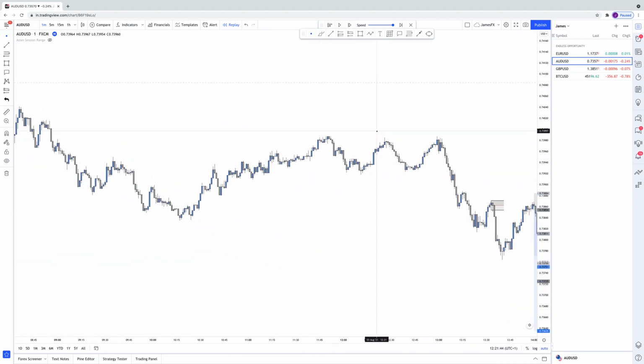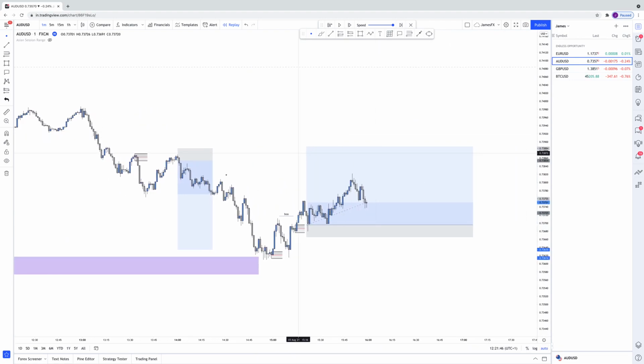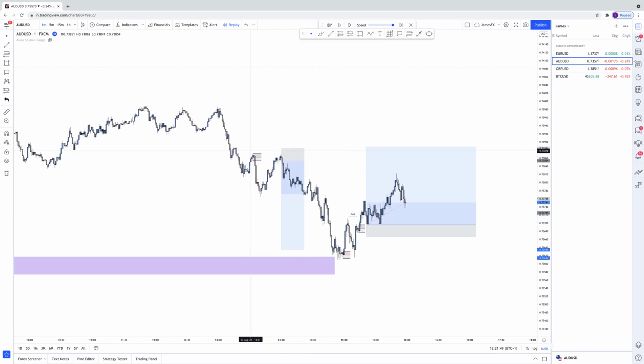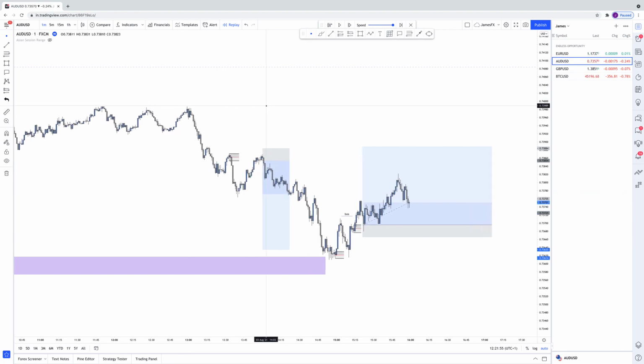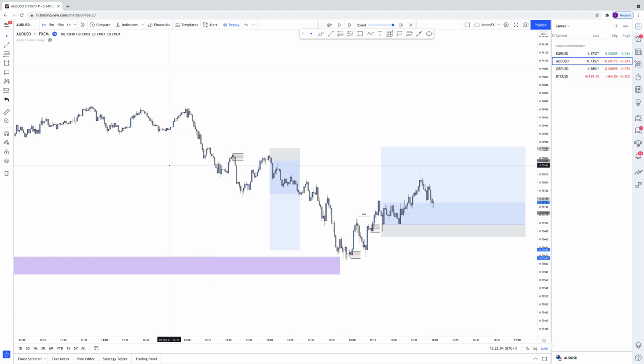Okay, so if we go into the first entry, and I'll get into some more entries that could have been taken. Once price pushed down, we broke structure here, pulled back, lower low. So we have an area here which would be the first entry, which didn't actually get tagged.